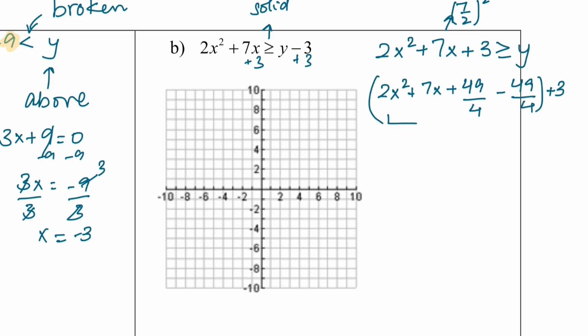Now this is going to be one of my equations. So it'll be 2 factored out, x squared plus 7 over 2 x.